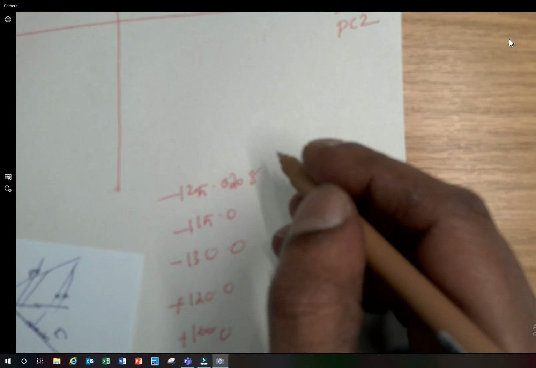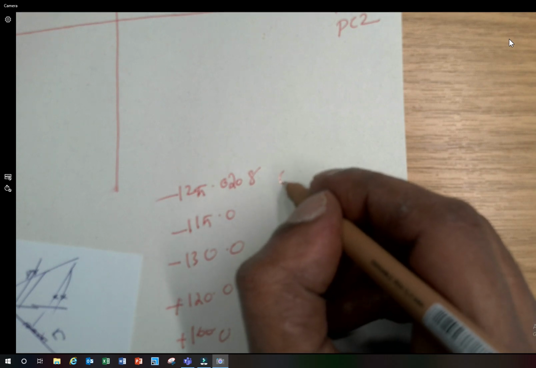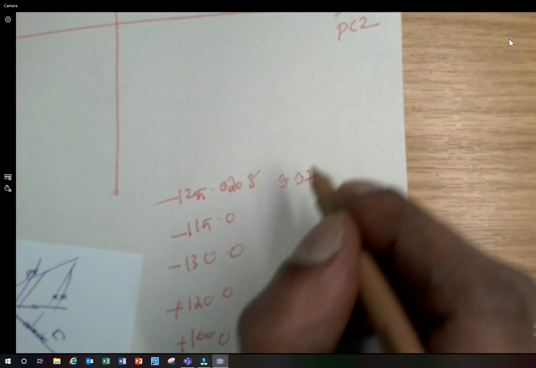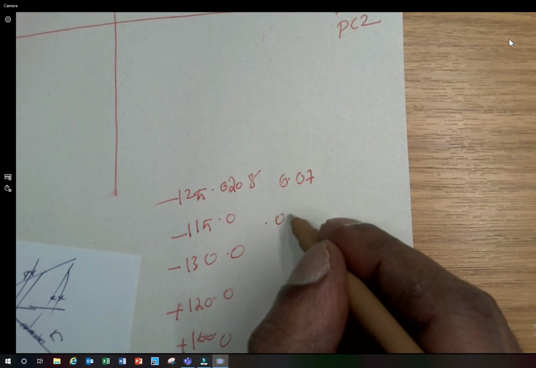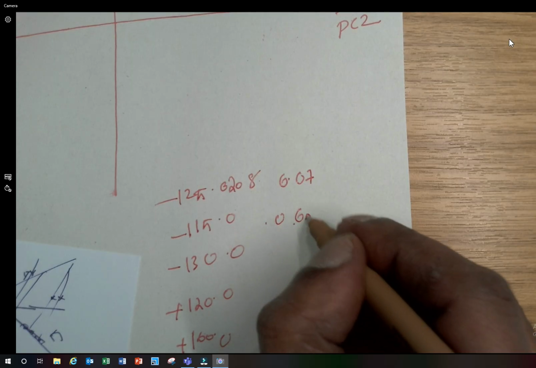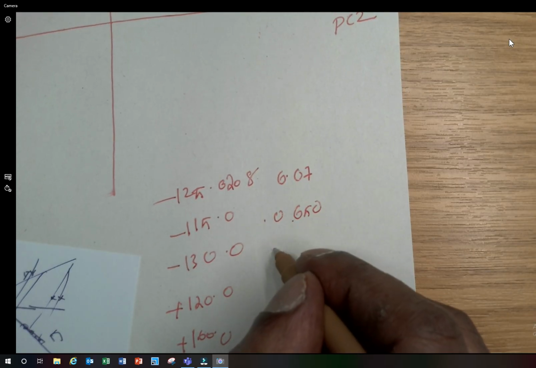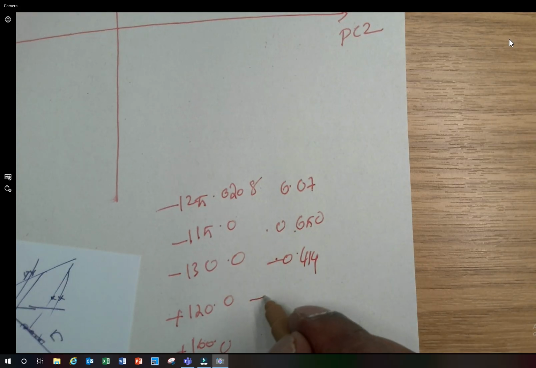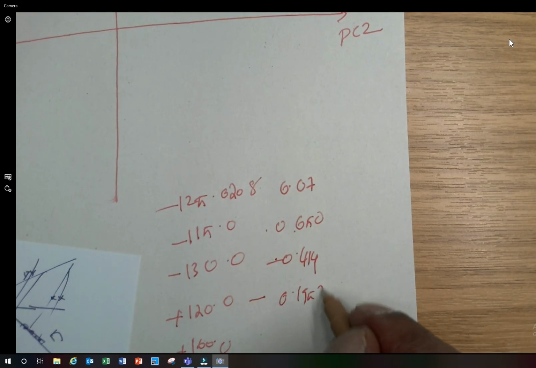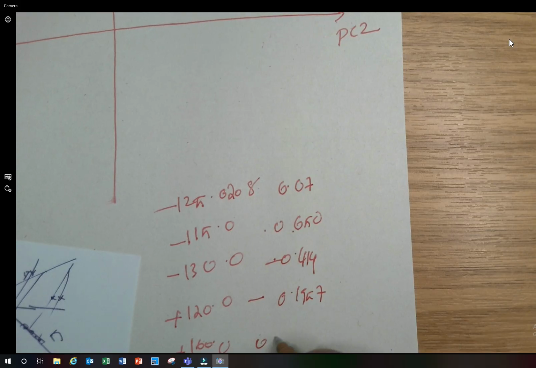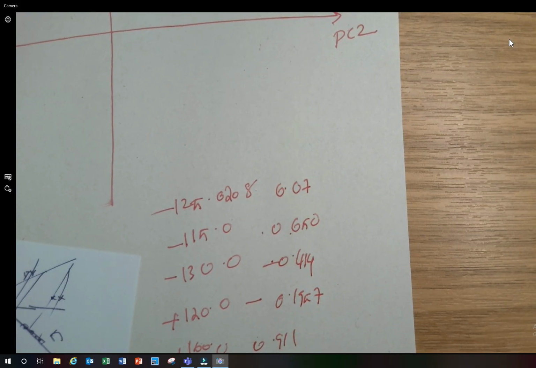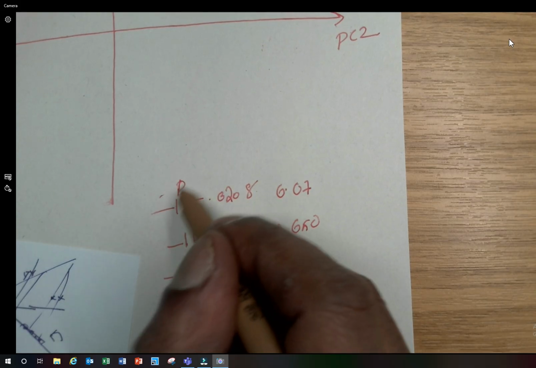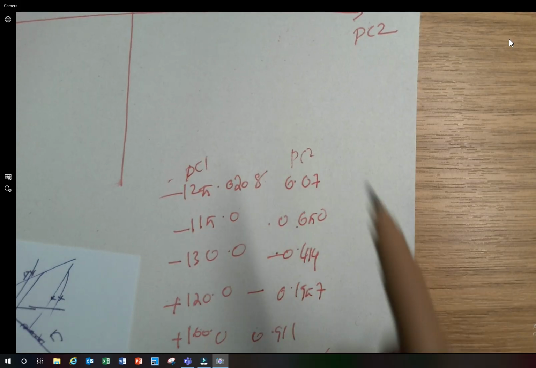And the PC2 scores are 0.07, 0.650, minus 0.414, minus 0.1957, 0.911, and minus 1.0258. So we can plot PC1 versus PC2.